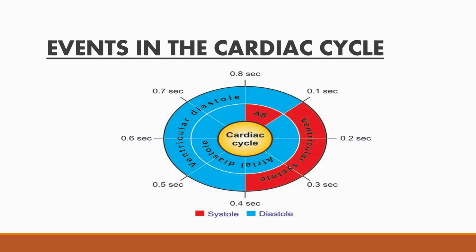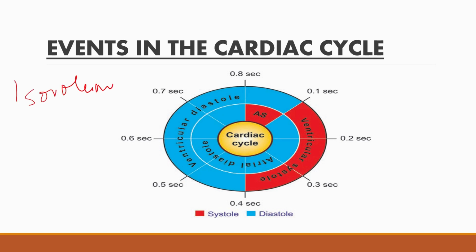Next, what we have? We have the ventricular systole. Here the duration is nearly about 0.3 seconds. This phase has three major stages. They are the isovolumetric ventricular contraction, rapid ejection phase, and slow ejection phase. Let me write it for you all. So what are the three stages?